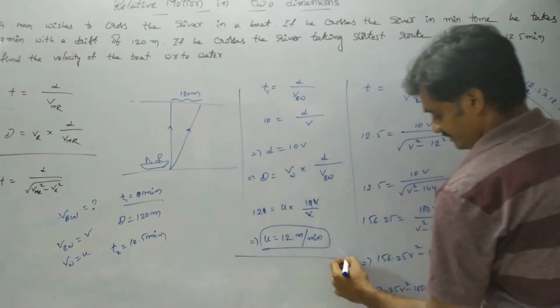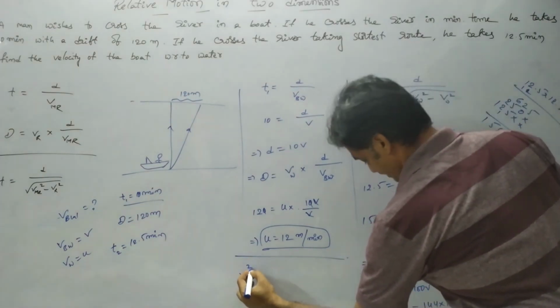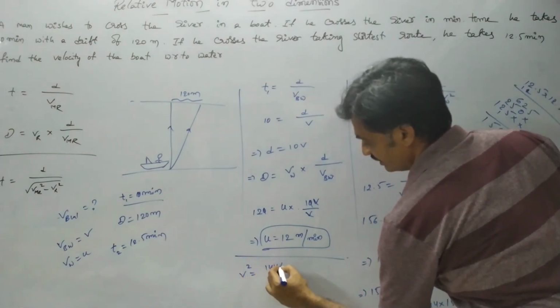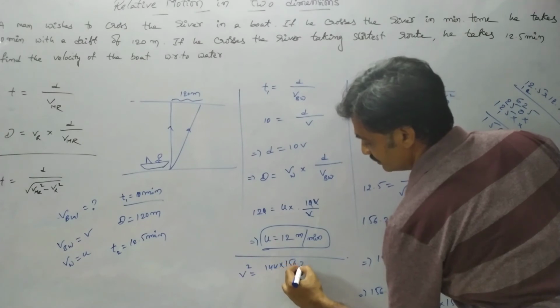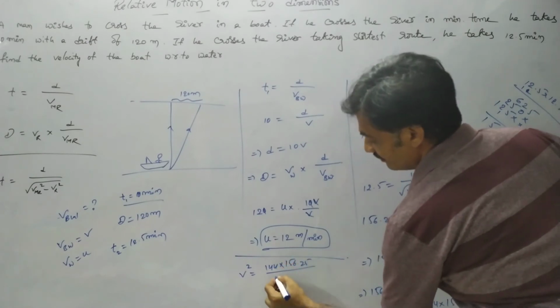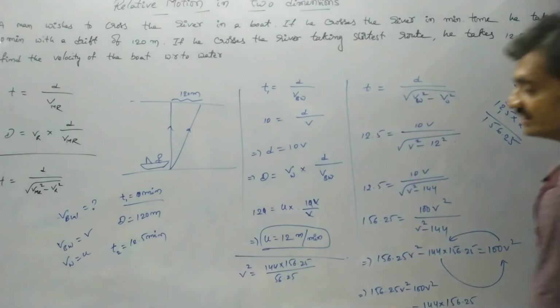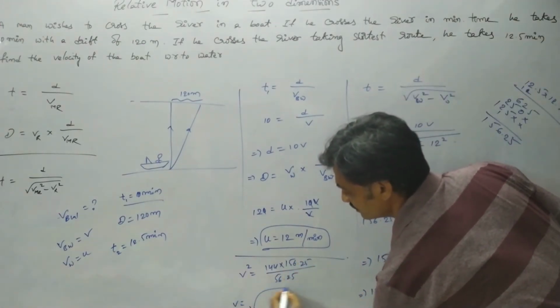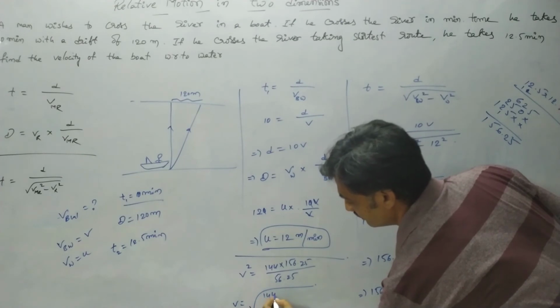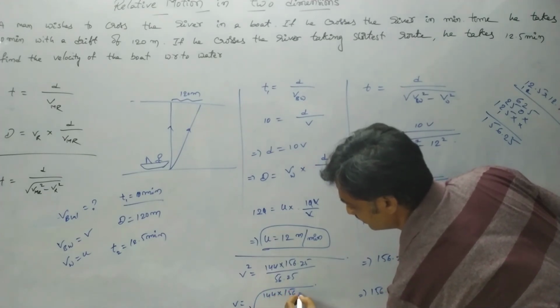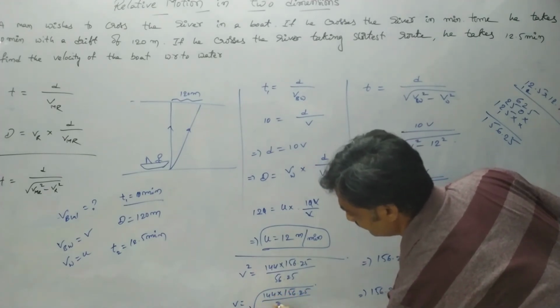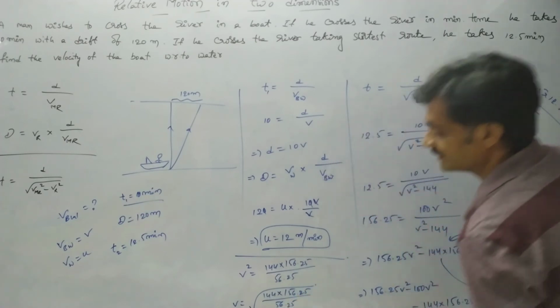Then v square is equal to 144 into 156.25 by 56.25. Then here we have v is equal to root over 144 into 156.25 by 56.25.